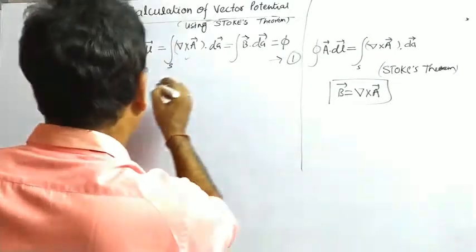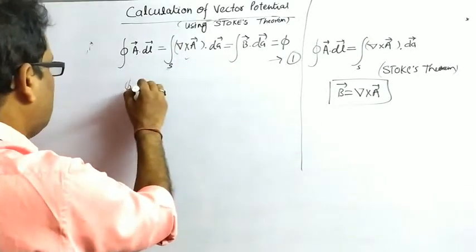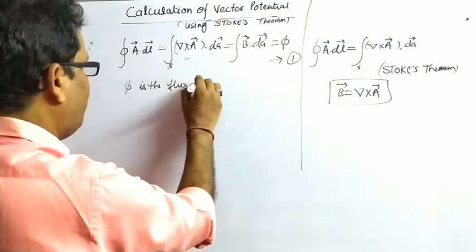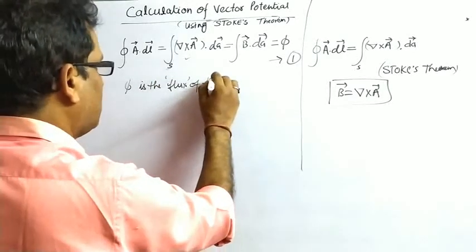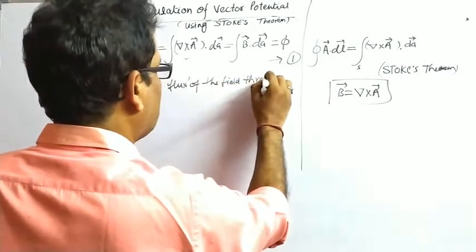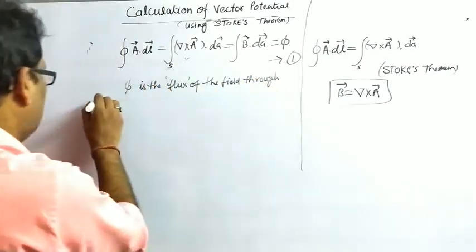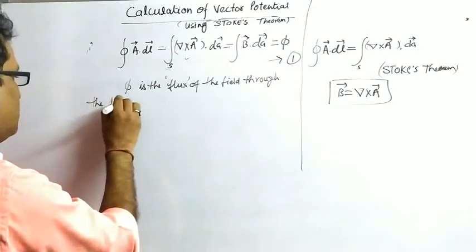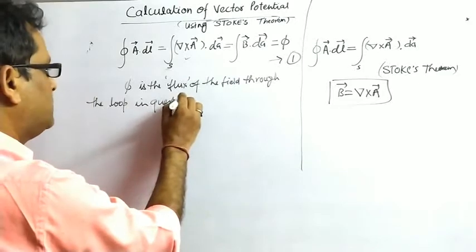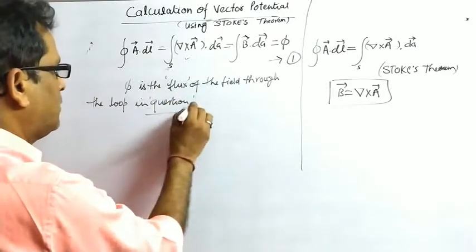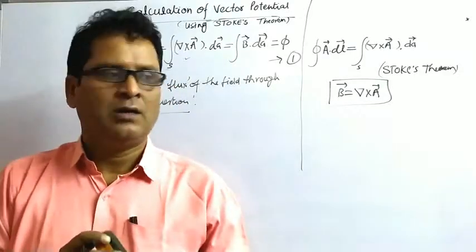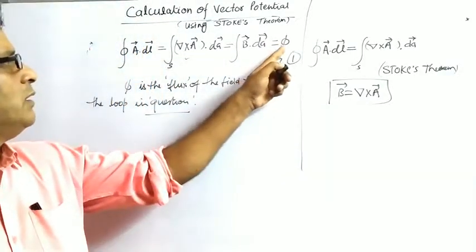In the end, phi is the flux of the field through the loop in question. जो आपने लूप कंसीडर किया हुआ है उससे कितना फ्लक्स पास हो रहा है उसकी वैल्यू बता रहा फाई.